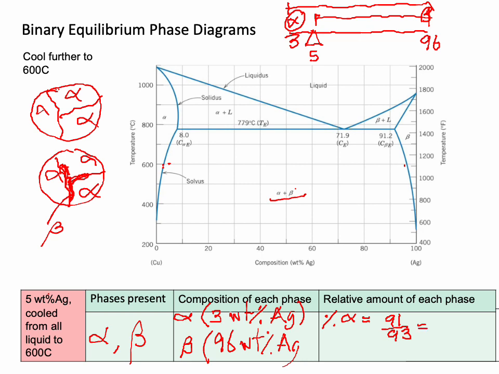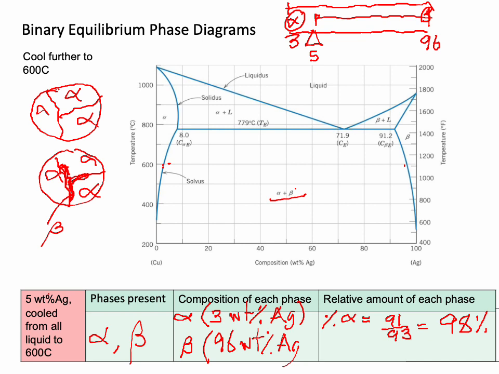And that is 91 over 93. That's 98%. If I have 98% alpha, I can just subtract that from 100 to know the percent beta.